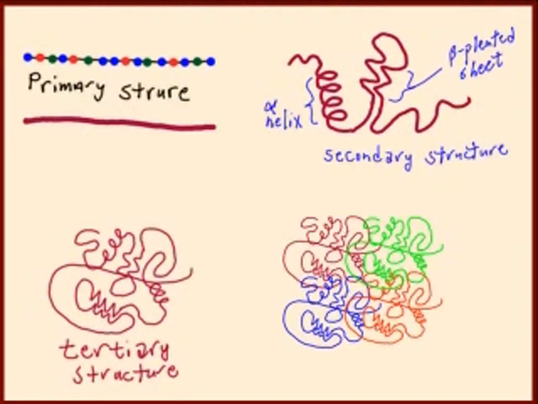Let us continue where we left off here. We have different levels of protein structure. Okay, the first one, when you just have the sequence of the amino acids, that's primary structure.